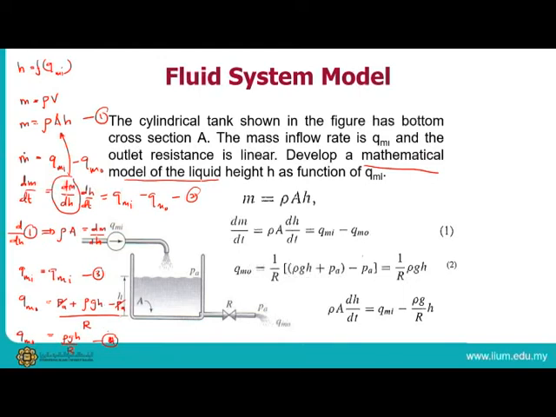You insert 3 and 4 into 2, so you get rho A, because dm over dh is rho A, times dh over dt equal to Qmi minus rho g h over R. So this is basically your mathematical model for this system.